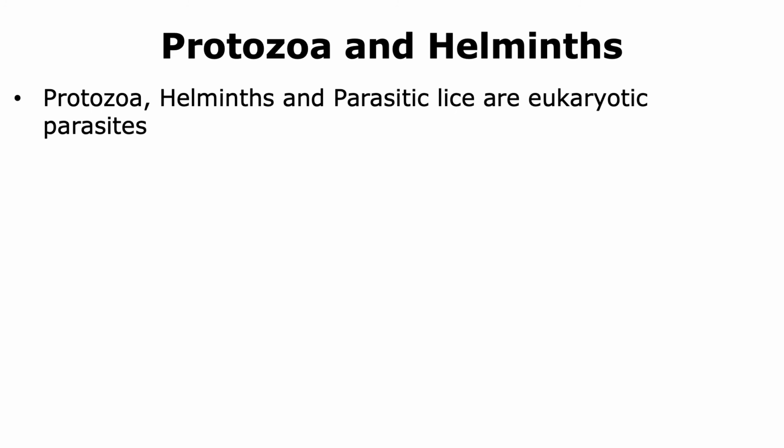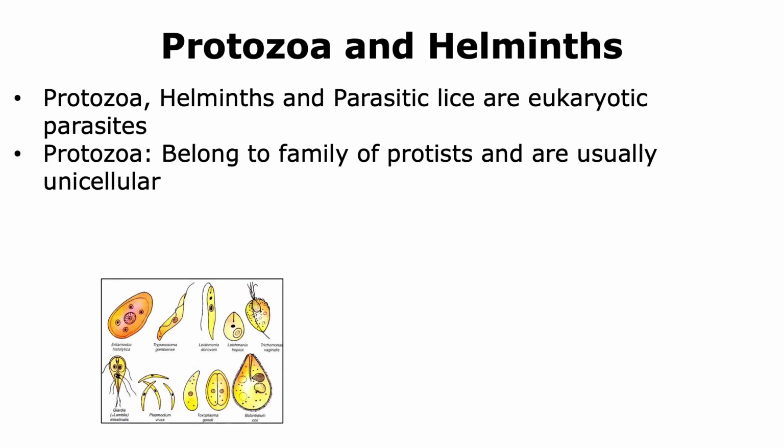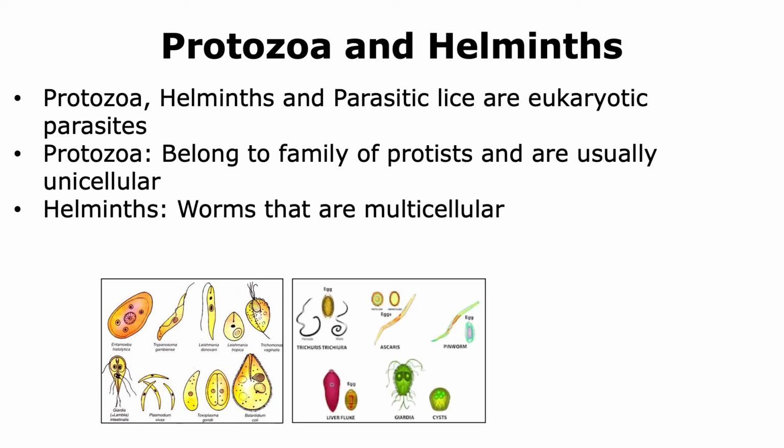We are now going to look at protozoa and helminths. Now, protozoa, helminths, and parasitic lice are considered to be eukaryotic parasites. Protozoa belong to a family of protists, and they're normally unicellular. Helminths, on the other hand, are worms, and hence they are multicellular.